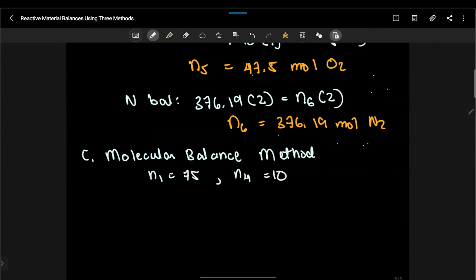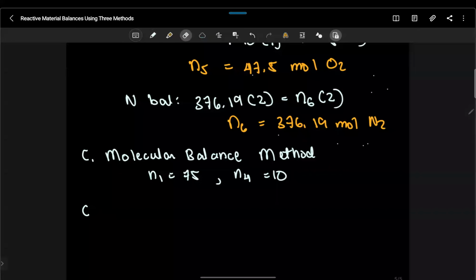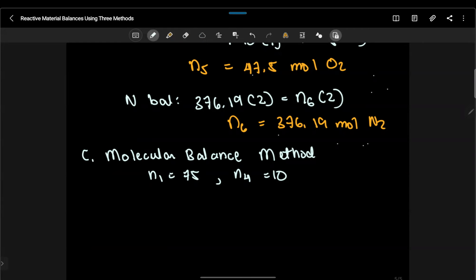Okay, and we all know kung ano yung pinasok natin, oxygen, nitrogen, etc. And we also know the reaction. So if we perform molecular balance now, so starting with maybe, let me probably write yung equation muna natin. Remember, no, it's input plus generation equals output plus consumption kapag steady state, walang accumulation.